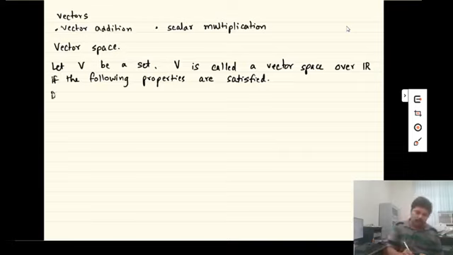So first, define an operation called addition.